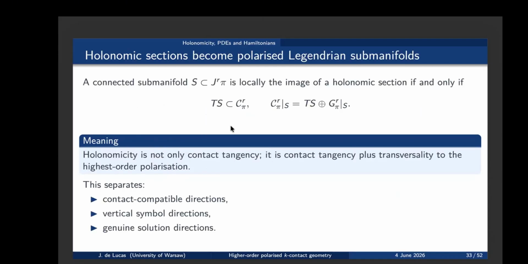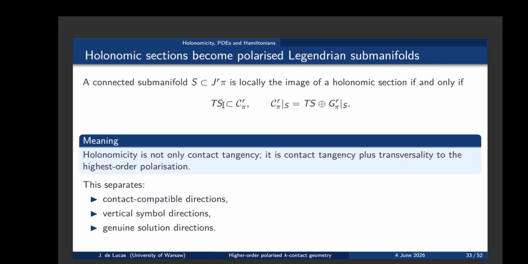Holonomic sections. They are the so-called polarized Legendrian submanifolds. Yes, it's a lot of terminology. Let me tell you that in this talk there are too many things to say. The thing is that the holonomic sections are prolongations of certain sections.